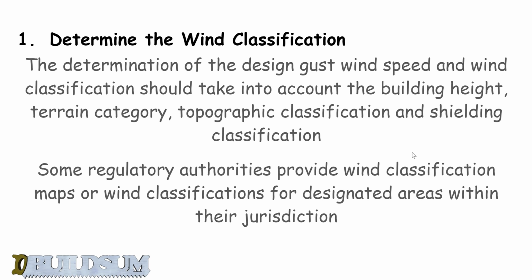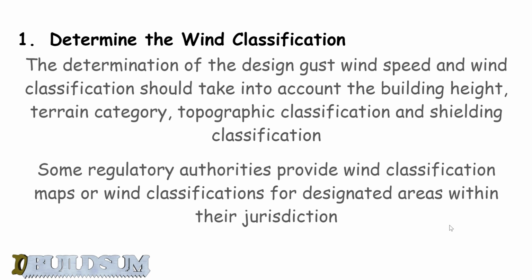Or, as I said, your council or your private certifier, they may just give you a wind classification for your area. For Sydney, I generally work on an N3, which is getting up there. It's one of the higher ones for Sydney. That's just my go-to wind speed, unless on investigation I find out that I need to get an N4.